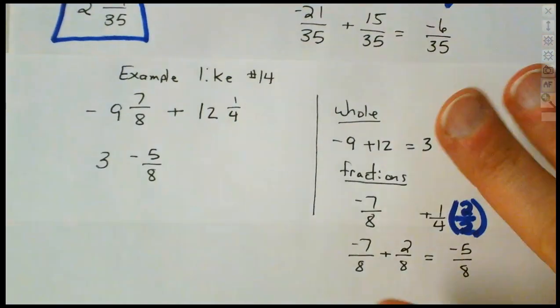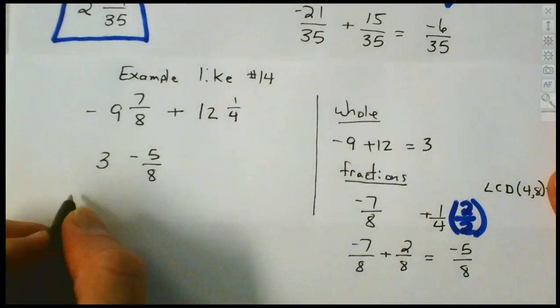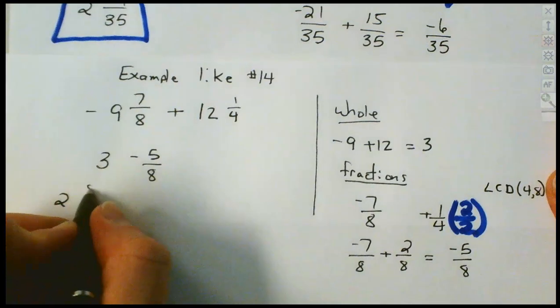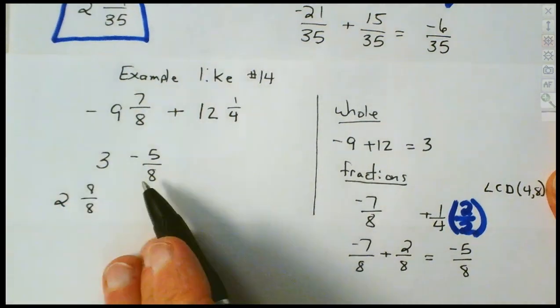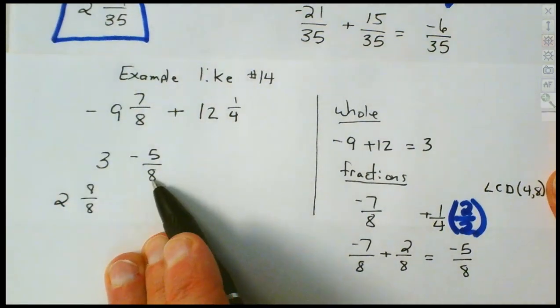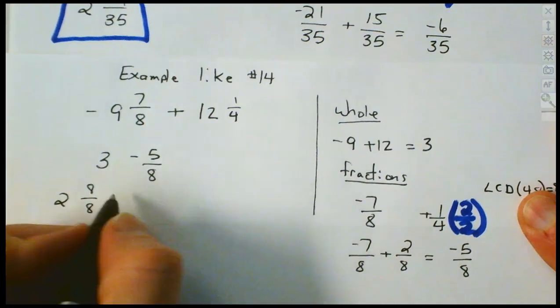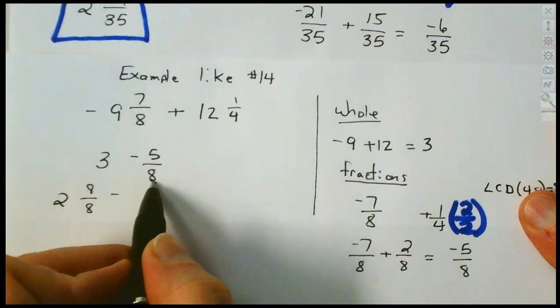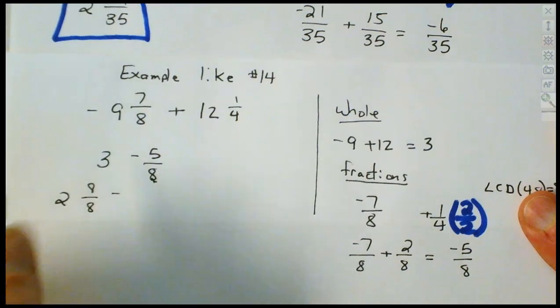So we're going to borrow 1 from this 3, and we're going to take that down to 2, and that's going to be 8 over 8. Why am I using 8 over 8? Because this fraction has a denominator of an 8 here. If that would have been a 12, you use a 12 over 12. Or if it was a 13, you use 13 over 13.